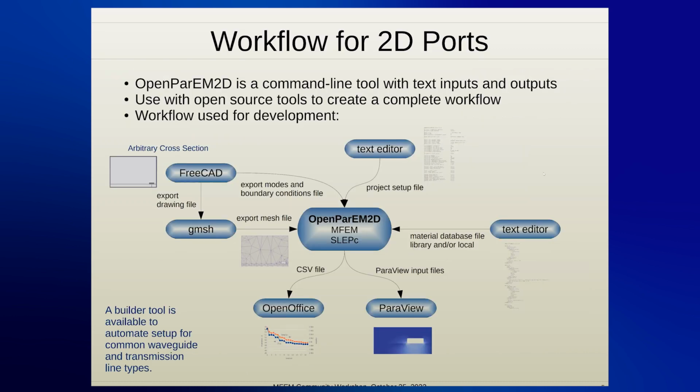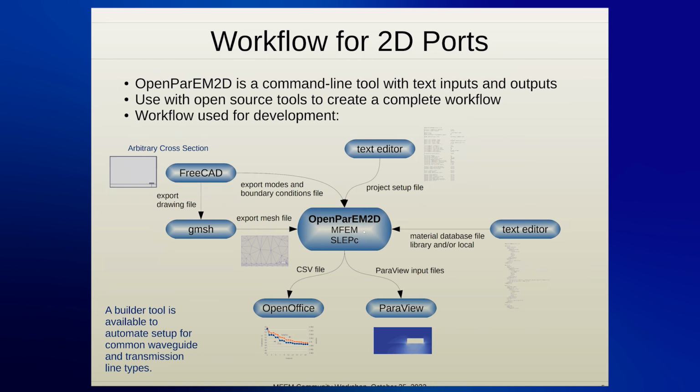For a full-scale simulator, the direction I chose to go is to use FreeCAD to generate the geometries. FreeCAD can export a file that's importable by Gmsh to generate the mesh. Then you just need text editors to bring in setup information and bring all that information into the 2D simulator.